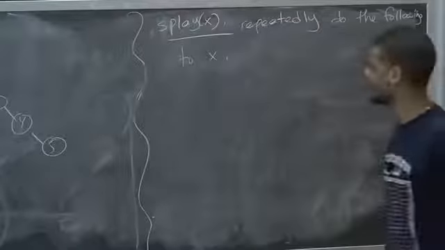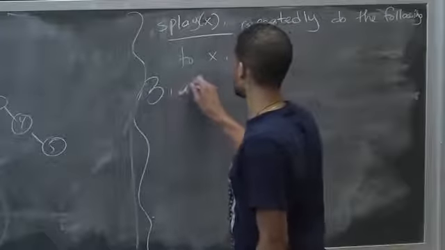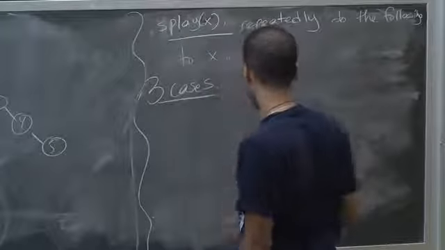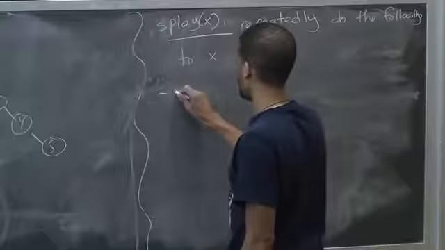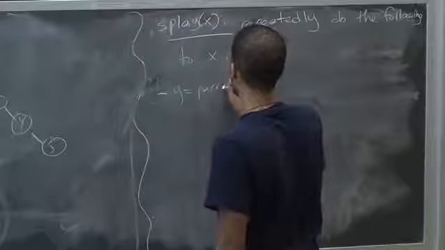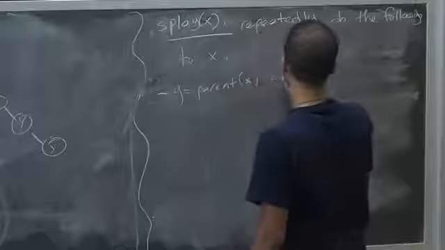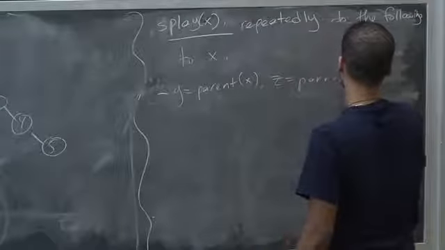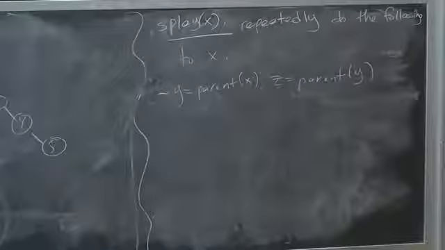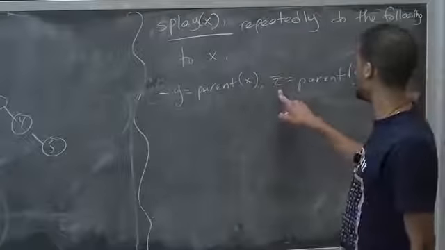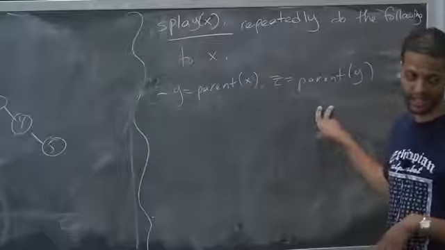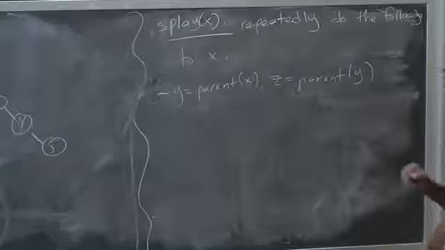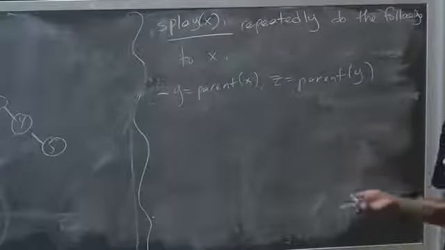There are going to be three cases. Before I say the three cases, suppose that y is the parent of x and z is the parent of y. We're done when x is the root. So x definitely has at least a parent. It might not have a grandparent, because maybe the parent of x is the root itself.